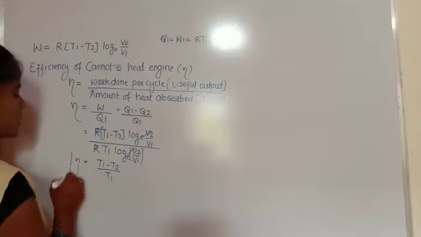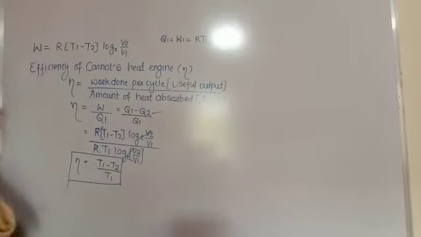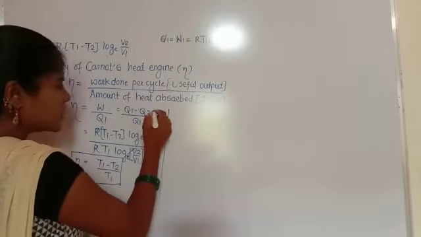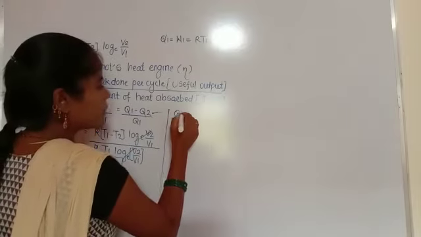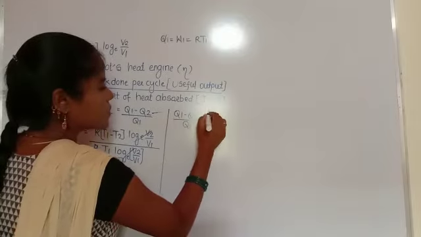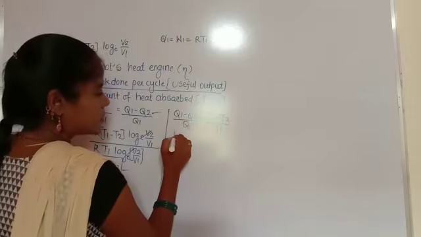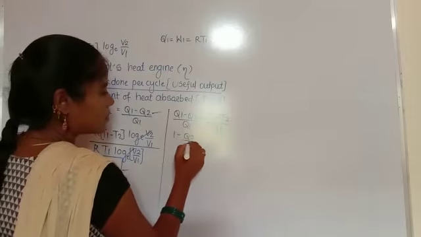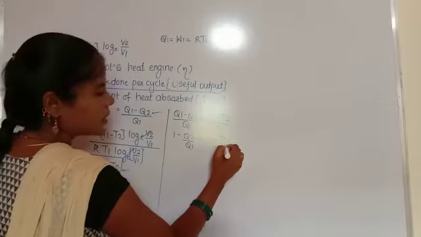So this is the efficiency of the Carnot heat engine in terms of temperature, and this is the efficiency in terms of heat absorbed and heat rejected. These two are the same, so we can write (Q1 minus Q2) divided by Q1 is equal to (T1 minus T2) divided by T1, that is 1 minus Q2 by Q1 is equal to 1 minus T2 by T1.